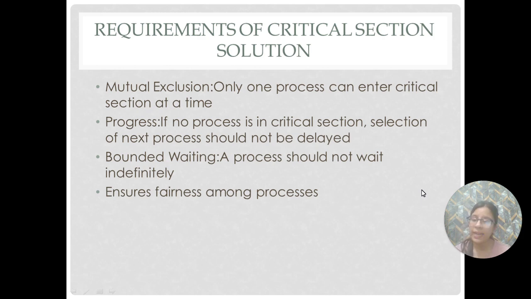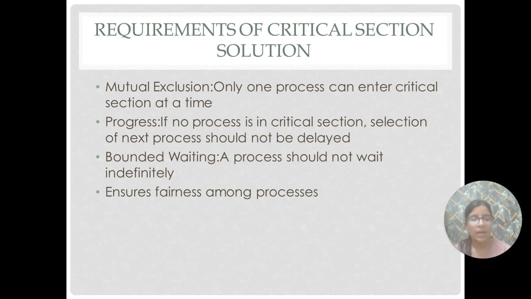Progress says that no unnecessary delay should happen, like the selection of the next process should not be delayed; it should be in time. Bounded waiting says that every process should get a fair chance. These requirements ensure fairness among all the processes.